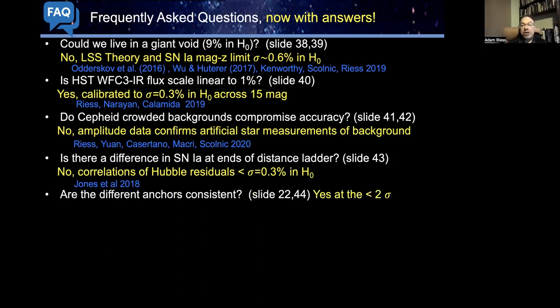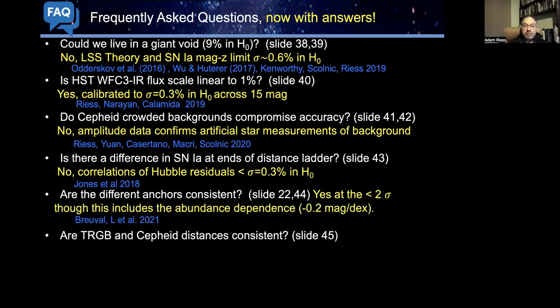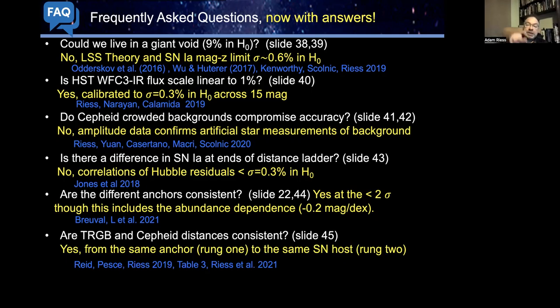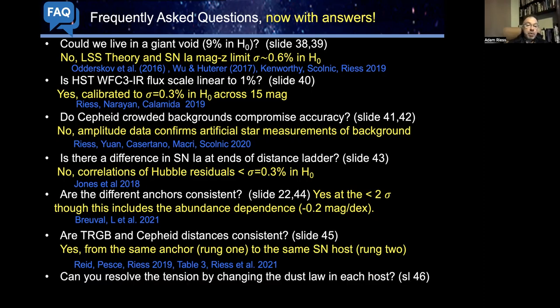Are the different anchors consistent? Yes, really to better probably than one sigma at this point. Are other ways of measuring intermediate distances like tip of the red giant branch and Cepheids consistent? Yes, they are. If you start from the same anchor and go to the same host, you get very consistent results. This is covered in a couple of papers, or I could say more about that.